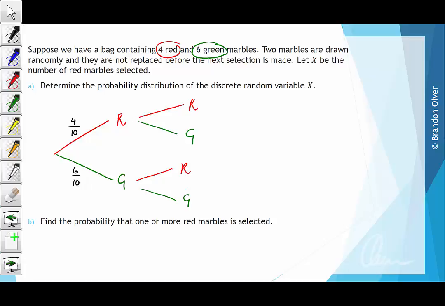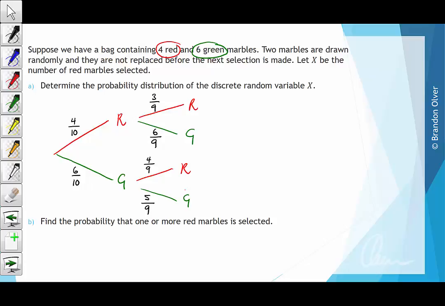So getting a red marble the second time, we've got 1 red marble selected, leaving 3 out of 9. And there's still all 6 green marbles out of 9 remaining. If we selected green the first time, all 4 red marbles are still there out of 9. And if we selected a green marble, we've now only got 5 green marbles out of the 9 remaining.